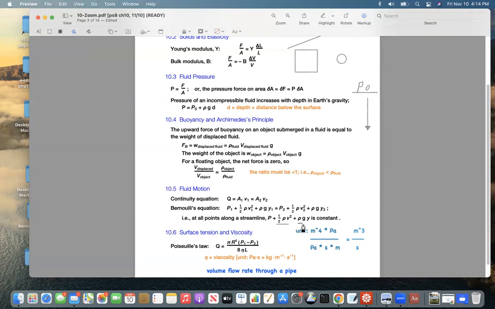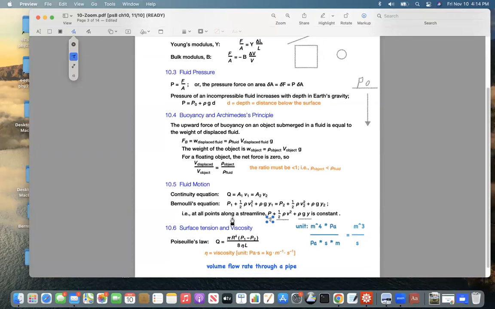This reminds you of gravitational potential energy. It's the gravitational potential energy per unit volume. And what's this? Well, that's the work. So this is really related to the work-kinetic energy theorem. And that's called Bernoulli's law or Bernoulli's equation.